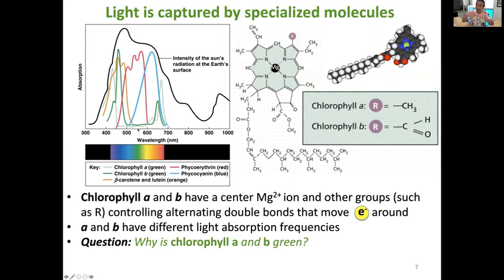So when those wavelengths hit the chlorophyll A and B, they just bounce back, and that's what bounces back to our eyes. So when we look at a green leaf, it looks green because its chlorophyll A and B is absorbing the other colors in the sunlight, but the green color bounces back, and that's what we see. All right.